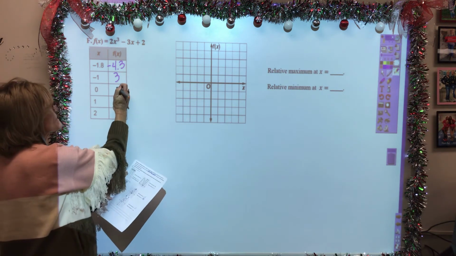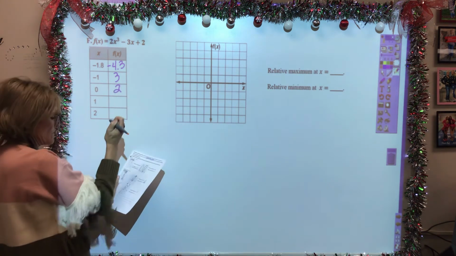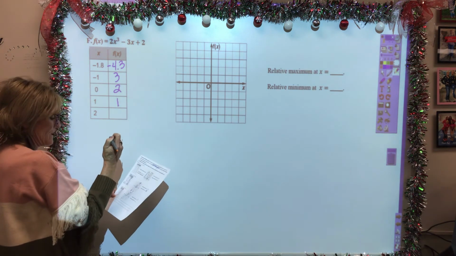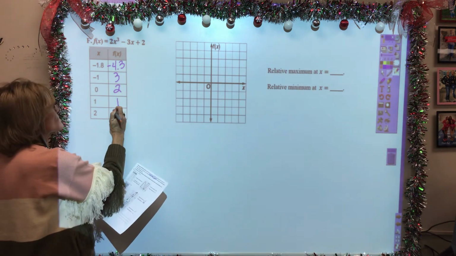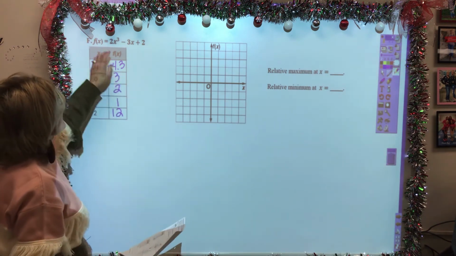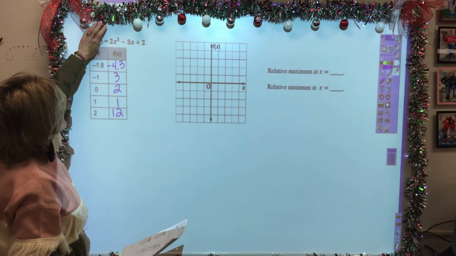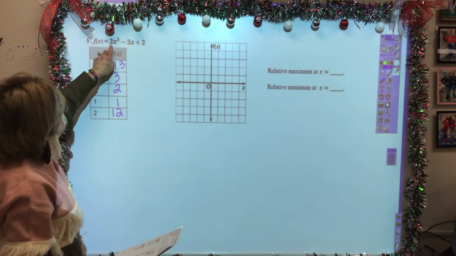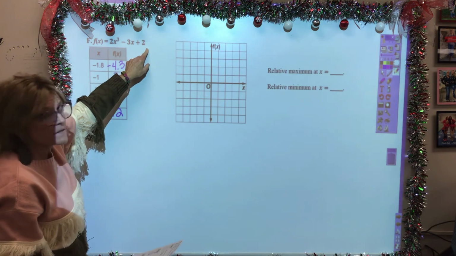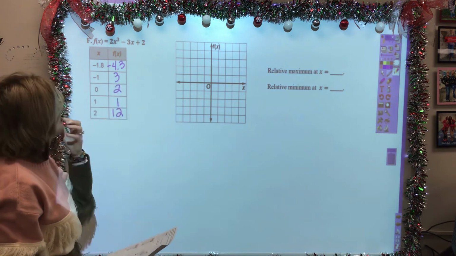If we plug in 0, we get 2. If we plug in 1, we get 1. And if we plug in 2, we get 12. And that, again, is plugging it into, I don't know if you can see it because of my Christmas ornament, 2x cubed minus 3x plus 2. That's the function we're plugging into.